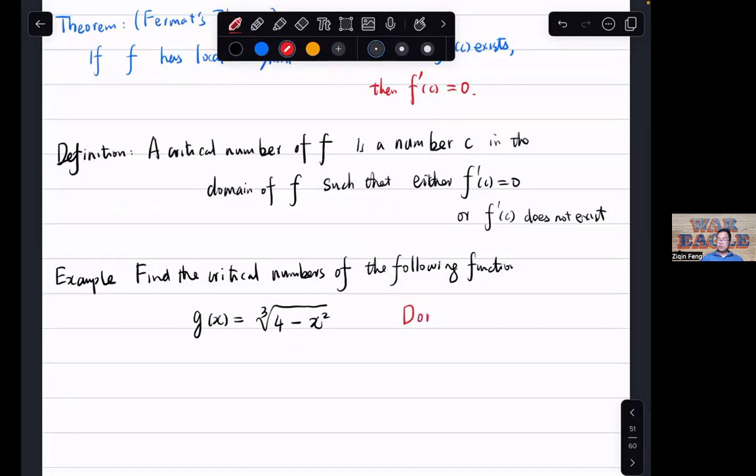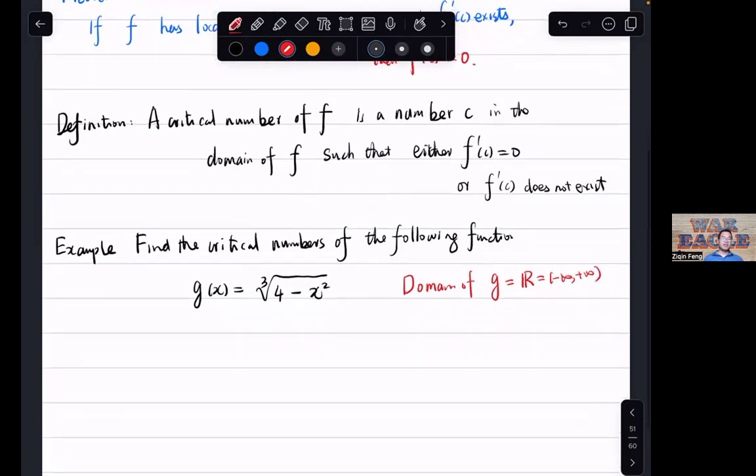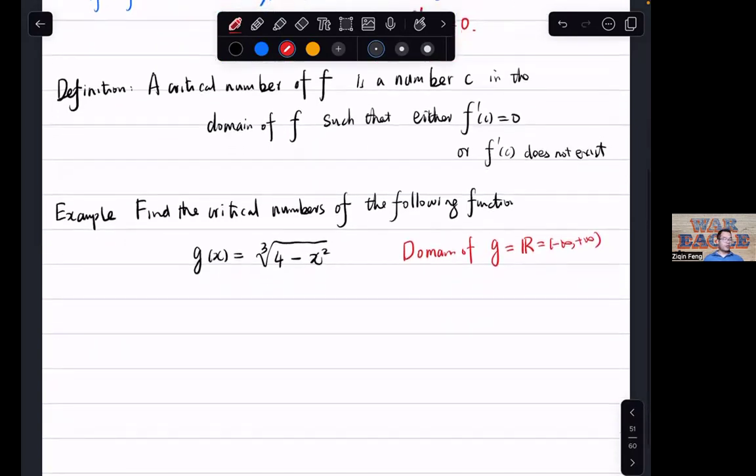So the domain of g here is all real numbers, from negative infinity to positive infinity. Whichever number makes the derivative 0 or makes the derivative not exist will be a critical number.